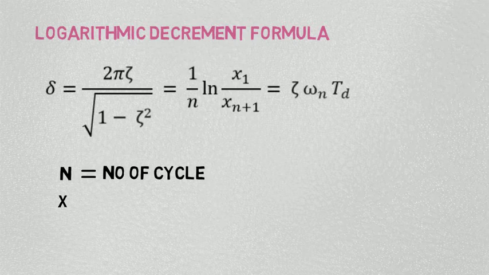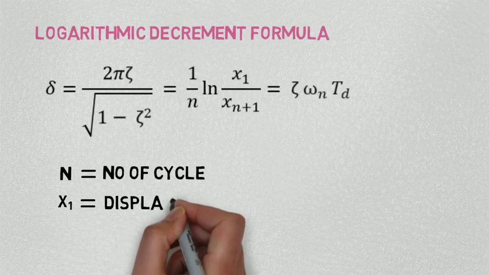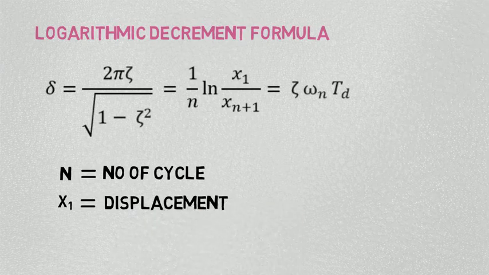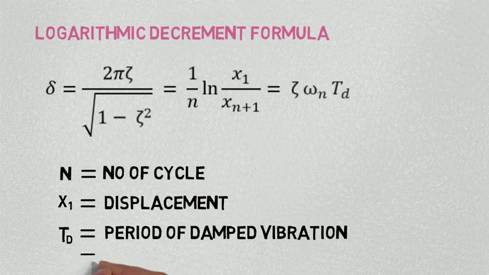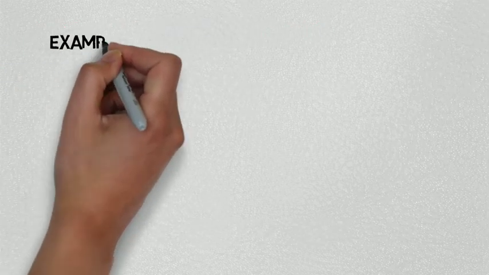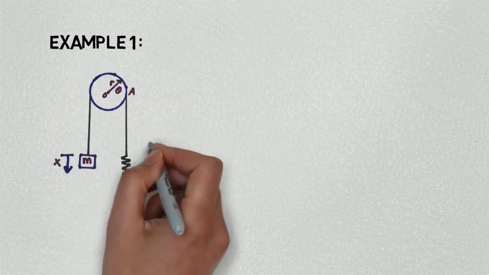Where n is the number of cycles, x1 the displacement, and Td is the period of damped vibration, which also means T2 minus T1. So, for more understanding, let's take a look at the first example.